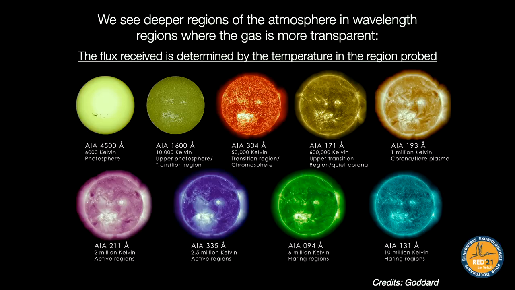So when you go towards the UV, the atmosphere is more and more opaque, and you see regions that are higher and higher in the atmosphere, and that's why you see this temperature increasing a lot. And that's how you probe the atmosphere of the Sun.